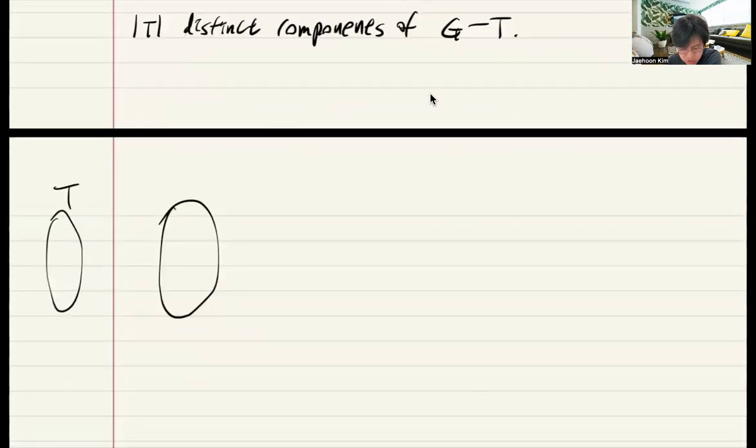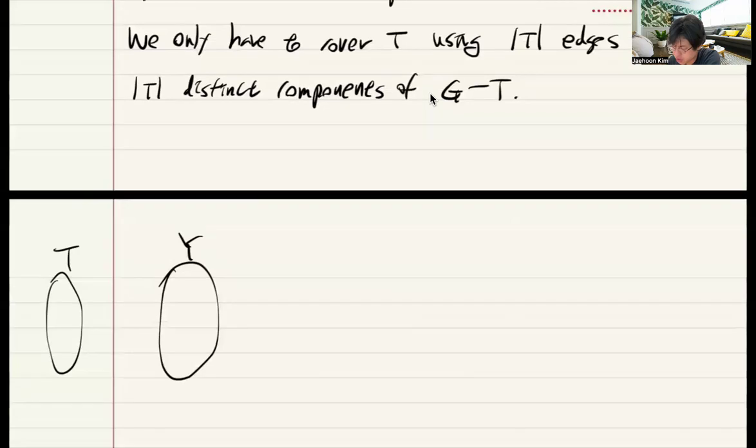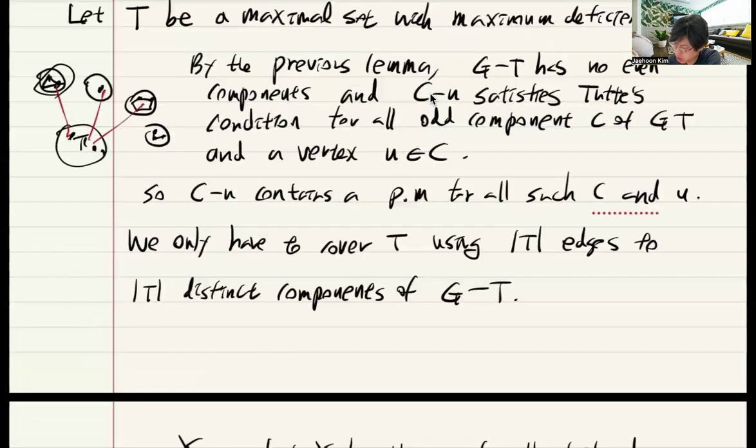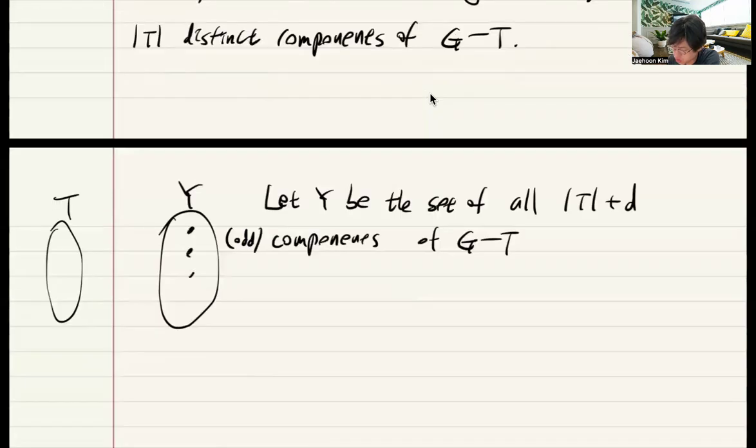And instead of components, let's consider this artificial set Y. Let Y be the set of all T plus D components, all of them odd components of G minus T. So for each odd component, you put one vertex here.